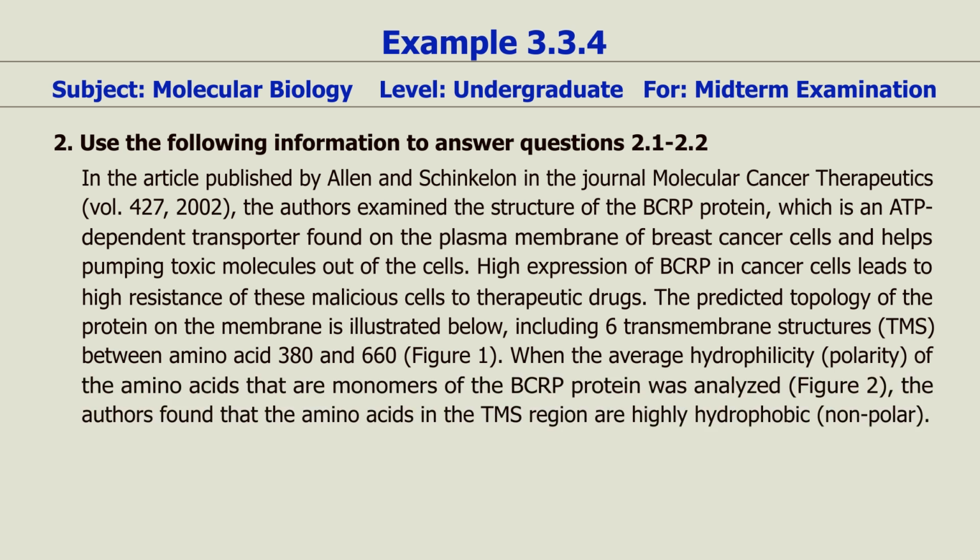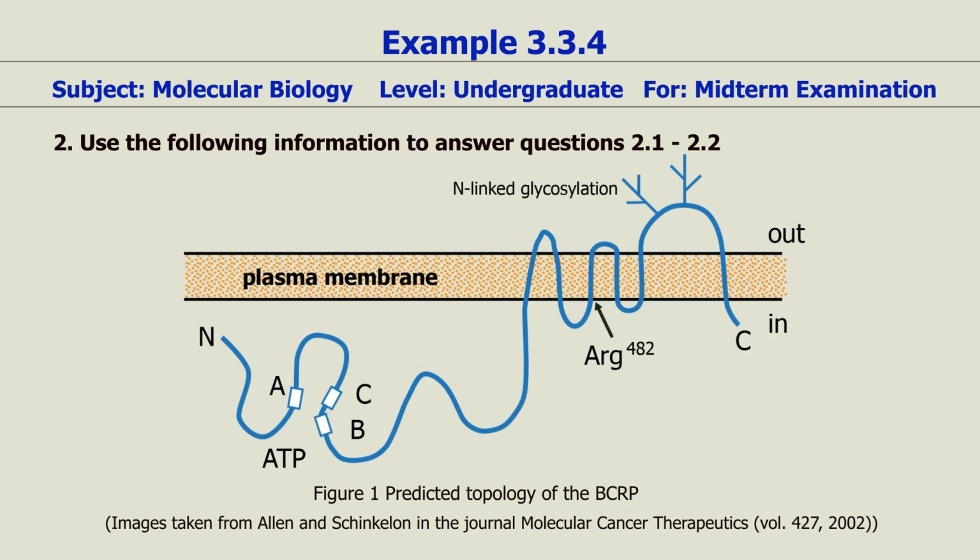Most of the terms and concepts included were familiar to the students already, but to be able to comprehend, they need to apply the knowledge in the real context. The article studied the topology of a protein called BCRP, which stands for breast cancer resistant protein.